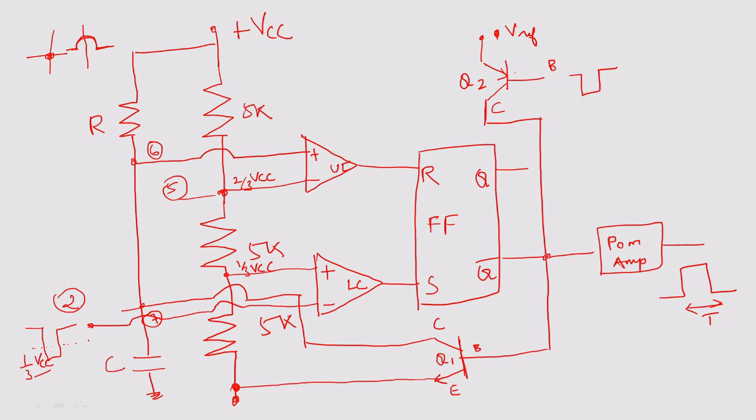The output is given directly to the power amplifier, then you will get the output. This is a time duration T. This is connected to PNP transistor. This is a PNP transistor. This is NPN transistor. So you can encircle this. Also you can encircle this. Okay. So this is about a circuit.